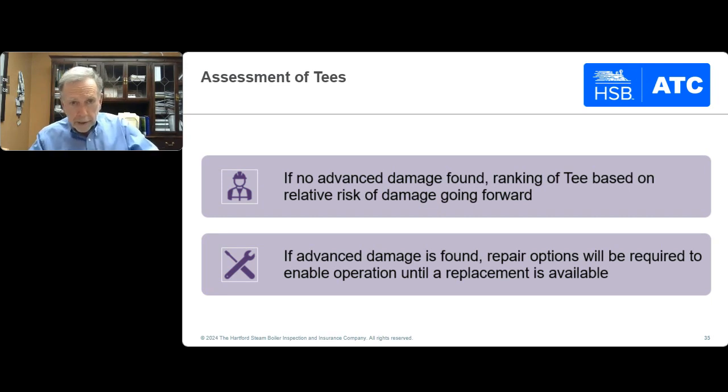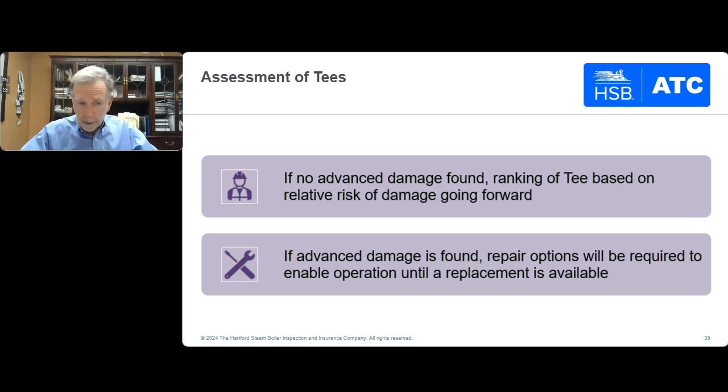One other thing I mentioned, I apologize, we have a slide out of order here, but you go through an assessment process, and let's say you've got a T that you want to assess. Part of what is going to be involved in trying to determine the relative risk of failure for a T is taking all of that information that we just looked at, and if on the inspection you find no advanced damage, then you're going to look at the relative potential influence of things like the geometry.